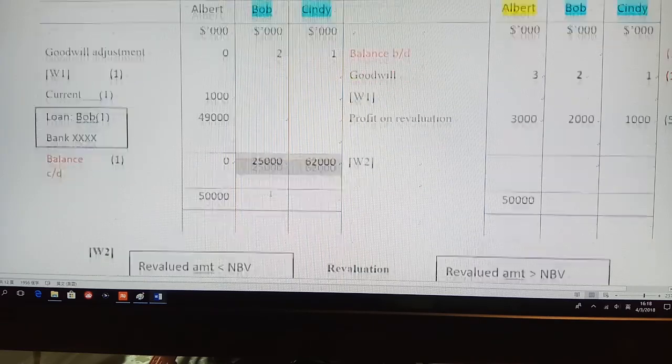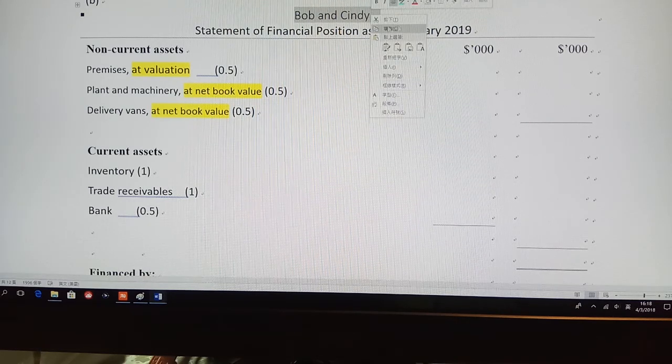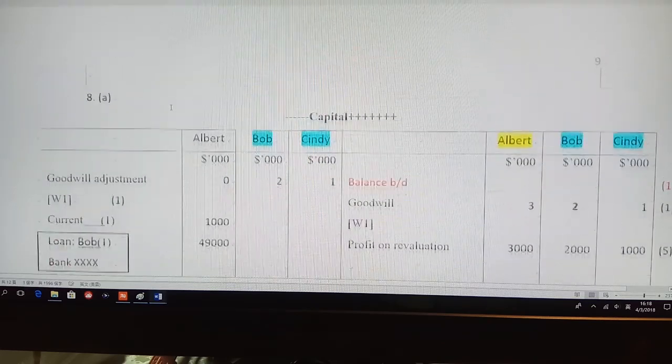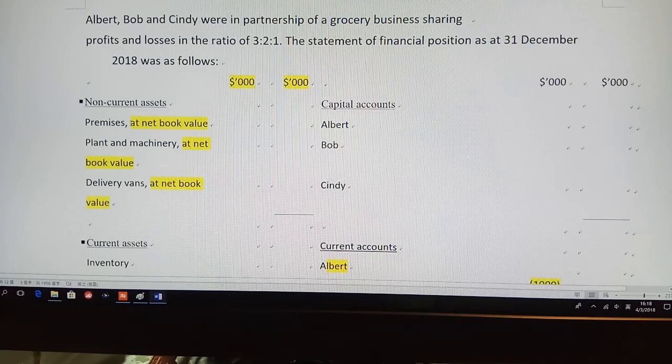So the question part B requires us to prepare the statement of financial position for the remaining partners as at 1st of January. You see this in yellow color because Albert was still in the business, we used net book value to represent the balance of the premises. That means the cost minus accumulated depreciation.